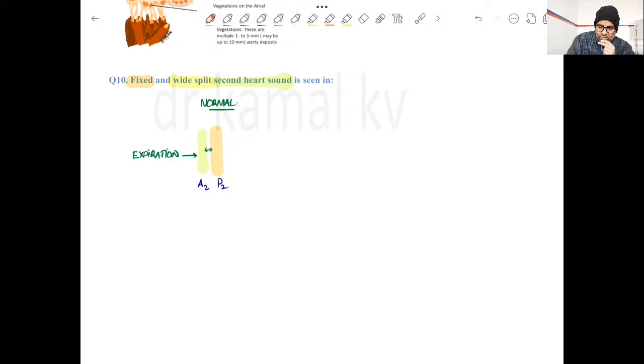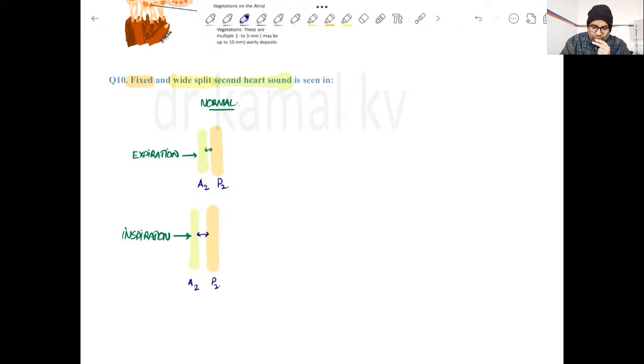Now what happens in inspiration? There will be more gap, right? So the gap will increase on inspiration. Now this is normal physiology: the gap between the aortic and pulmonary components of the second heart sound increases during inspiration.